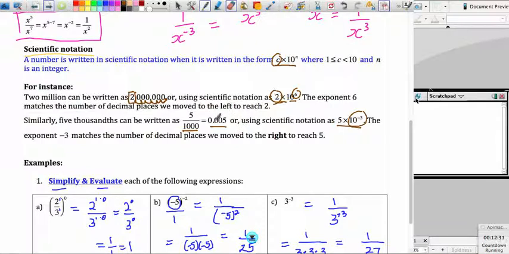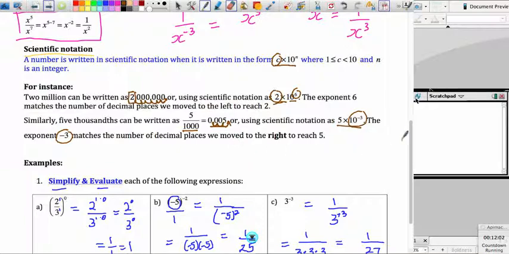Once again, the protocol is the same. We have our decimal point. In order to get a number between 1 and 10, we move that 3 places to the right, and so that matches the number 3, and we make it negative, which indicates that the original number that we started with was in fact a decimal number, or rather a number which is between 0 and 1.